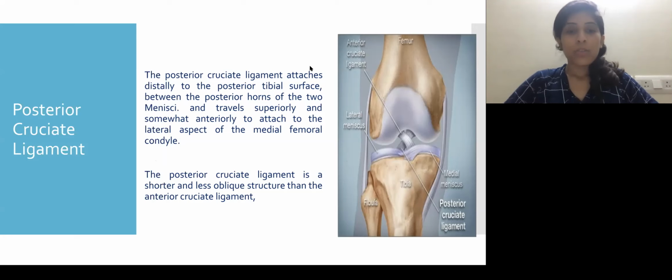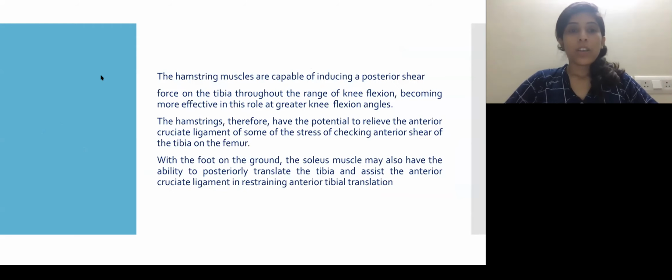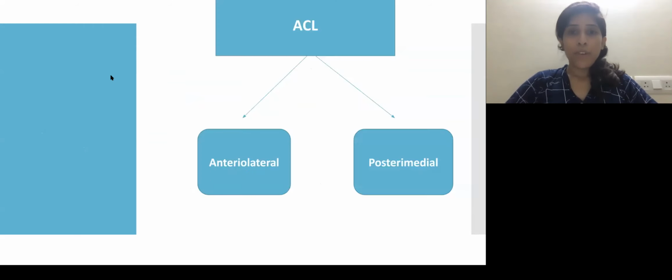Okay, so even it has two fibers, same as the ACL. It has anterior lateral and posterior medial fibers. So here by mistake I have written ACL, but they are PCL fibers.